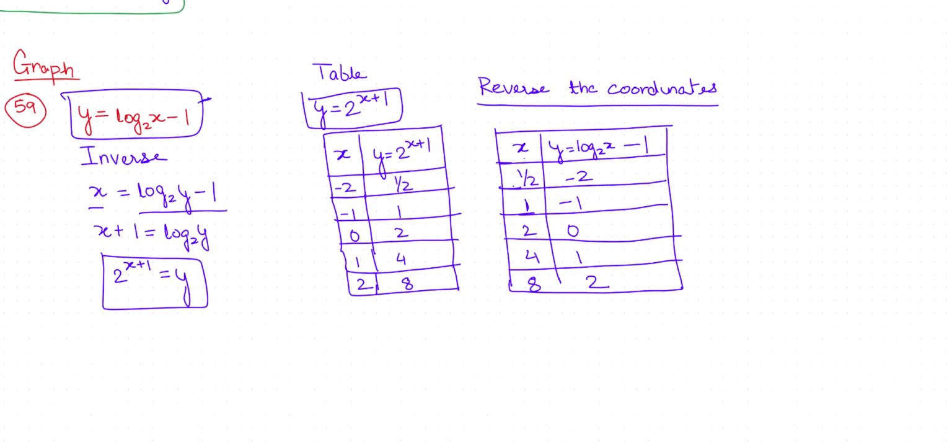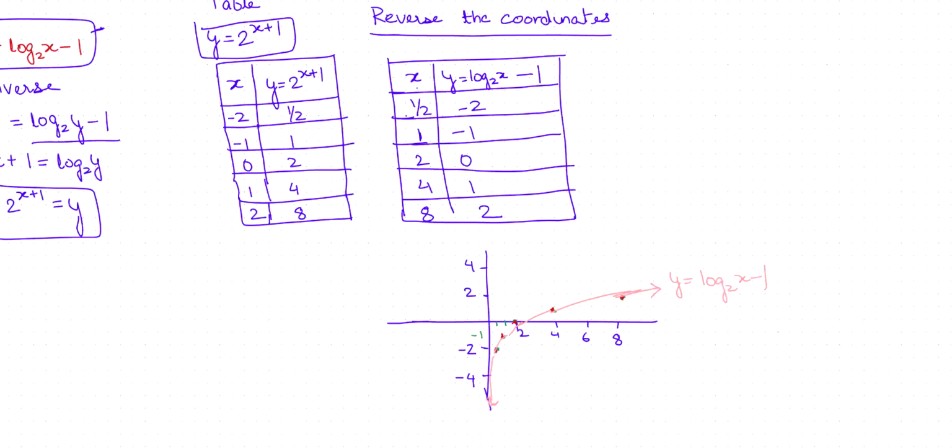So let's graph. So we plotted the points like this: this is 1/2, this is -2 here, this is 1, -1 here, 2. When x is 2, y is 0, when x is 4, y is 1, and when x is 8, it is 2.